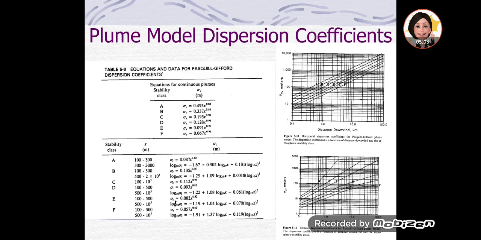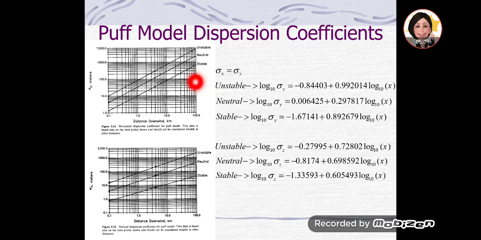So this one was for the plume dispersion model coefficient. We also have the puff model dispersion. In the puff model, the x and the y axis are equal.